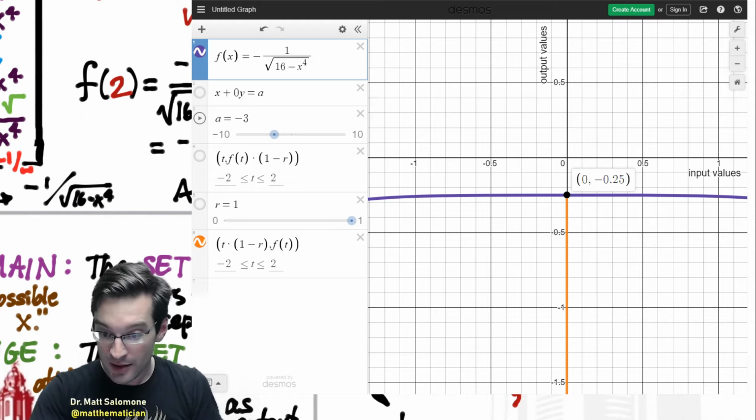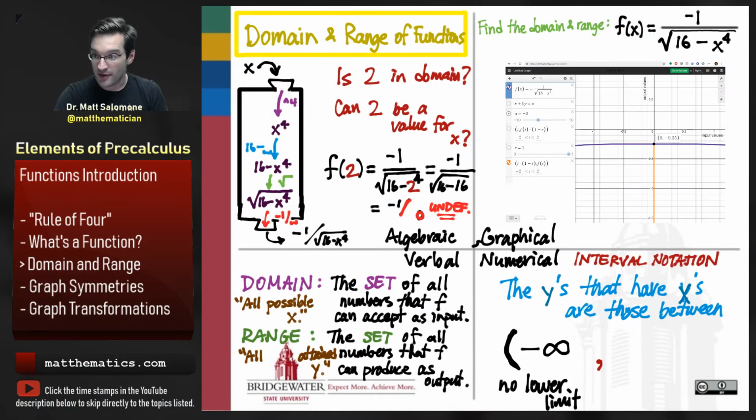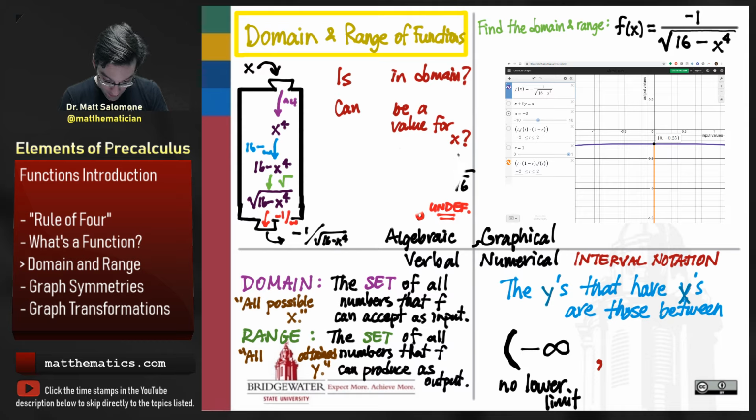We could have known that just by plugging x equals 0 into the expression that defines my function, right? If x is equal to 0, which is a part of the domain of this function, then the value for y is negative 1/4. Now, it's not always true that the range of a function is defined by some value when x is equal to 0. It just so happened in this example that it did.